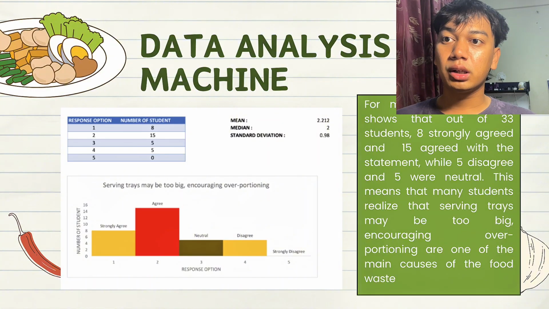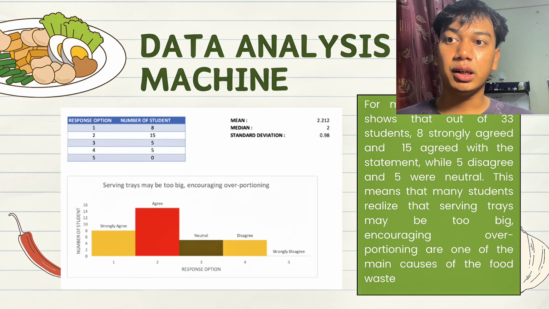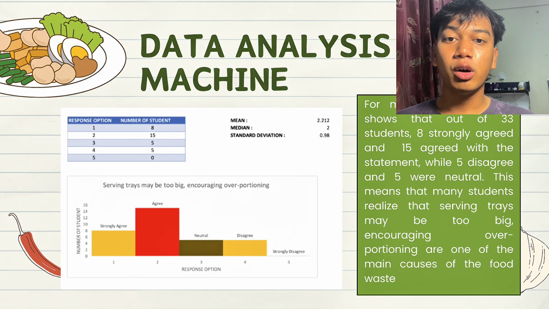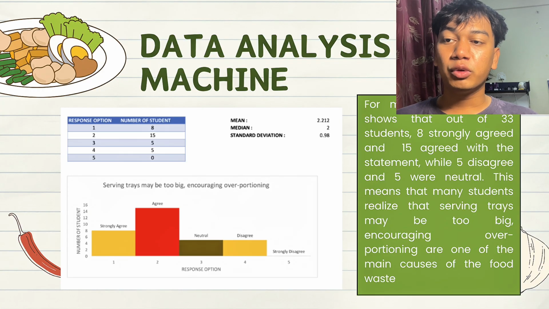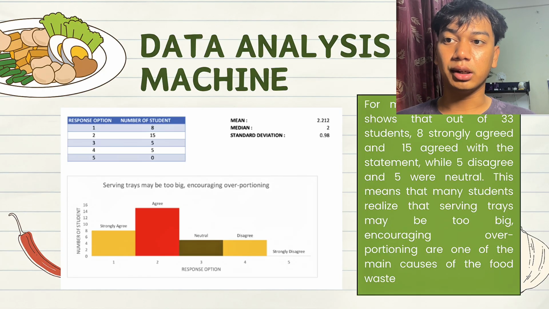Which focuses on the equipment and utensils used in the cafeteria. The question asked was: serving trays may be too big, encouraging over-portioning. From the result, most students agree, 50, and strongly agree is 8 students. With this statement, only a few were neutral or disagree.